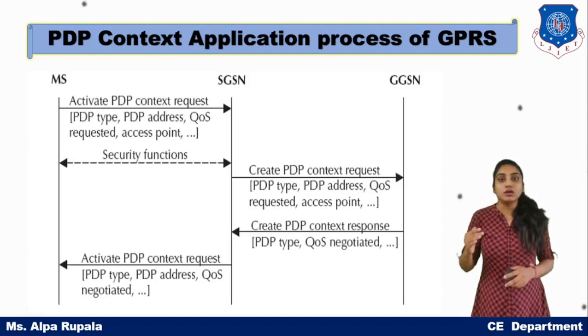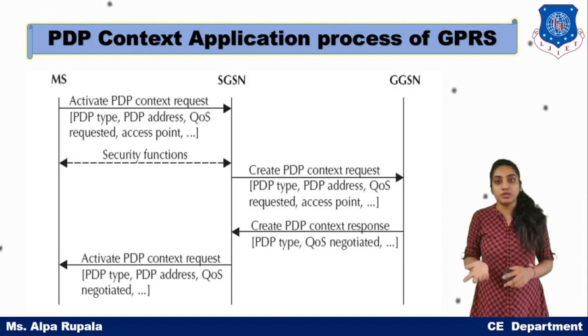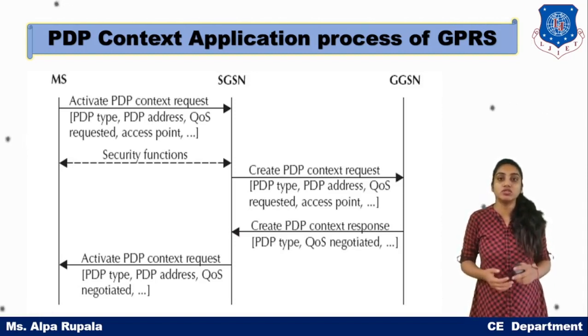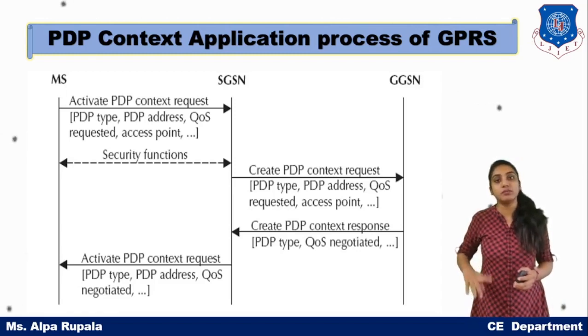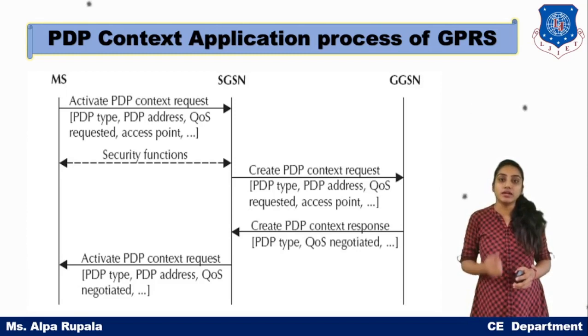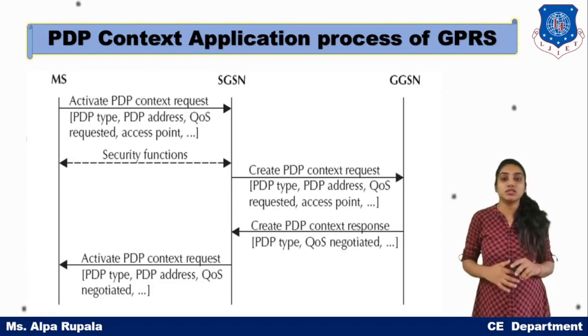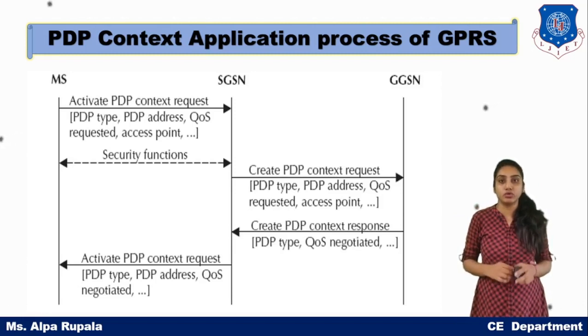Now all these request parameters will be sent to the SGSN. The SGSN's job is to check all the security and authentication, and after that the request will be forwarded to the GGSN. Now it is the task of the GGSN to provide the response accordingly.